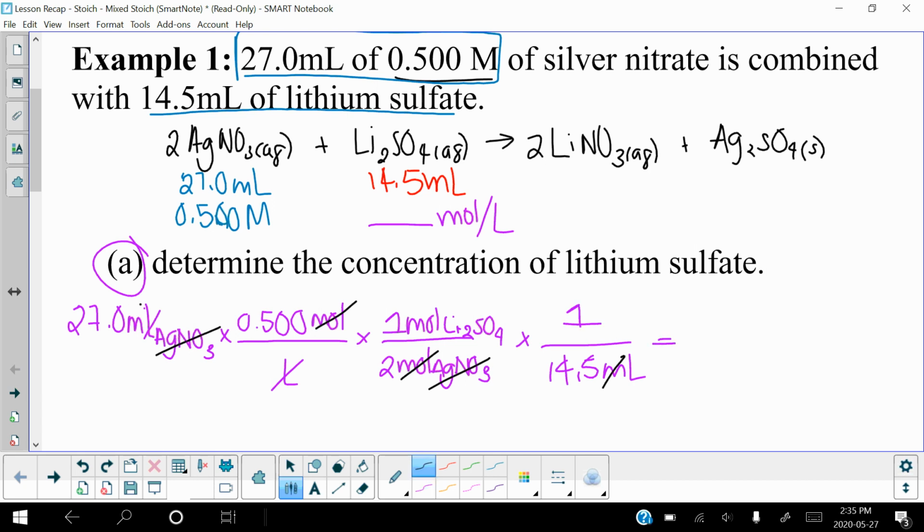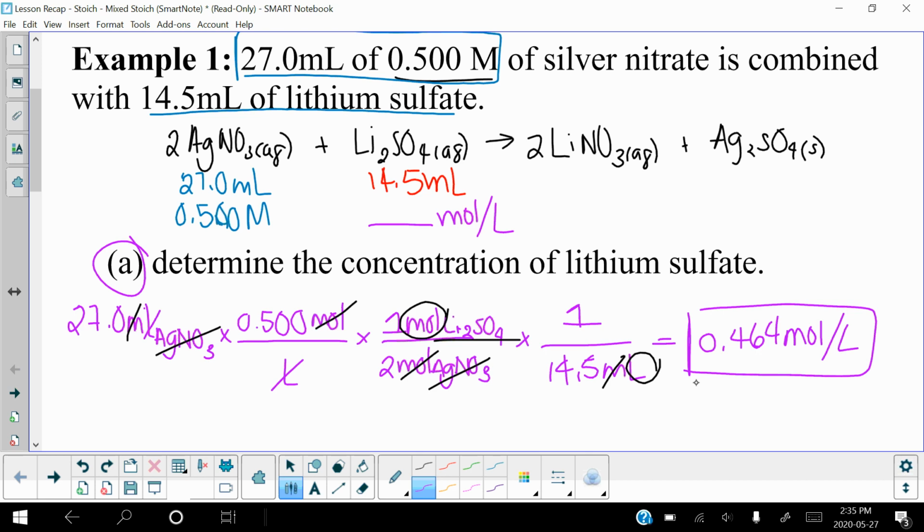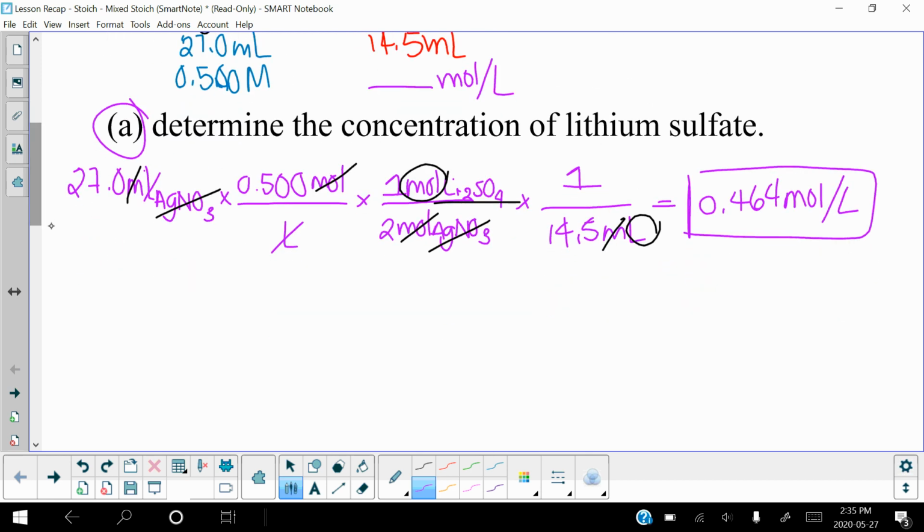Milli cancels out with milli, and then we are left with moles per liter of lithium sulfate. So our final concentration is going to be 0.464 moles per liter. Great, let's move on to the next part.